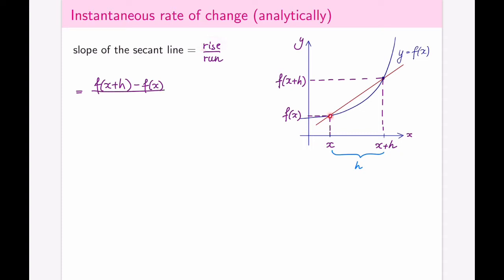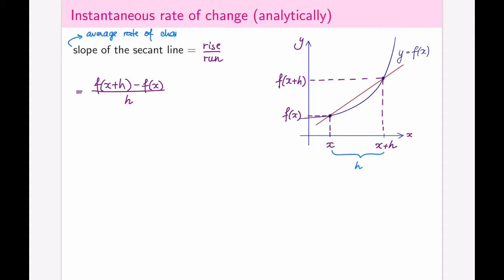What about the run? I ran from this point to this point. So horizontally, I have traveled exactly this distance h. Excellent. Now, what do we actually have as another descriptor of the slope of a secant line? We've been talking a lot about how the slope of the secant line represents the average rate of change of a function.